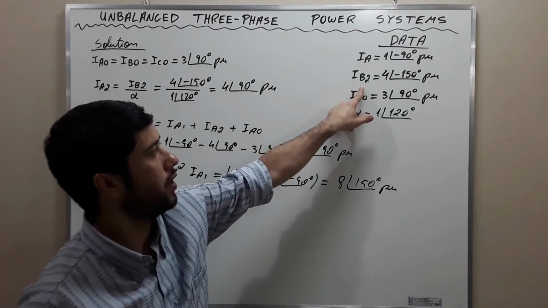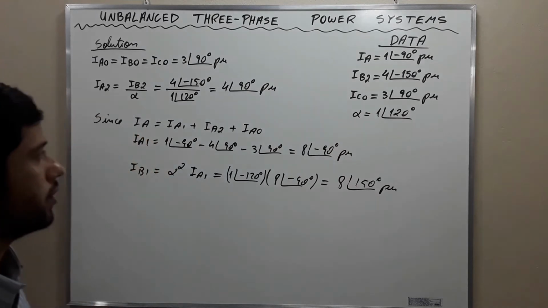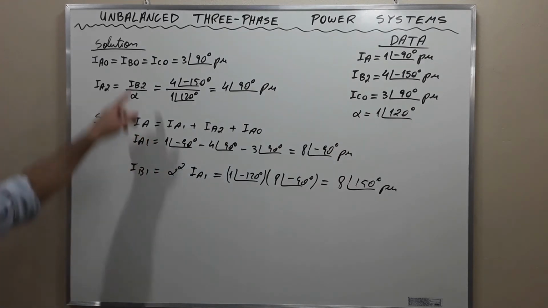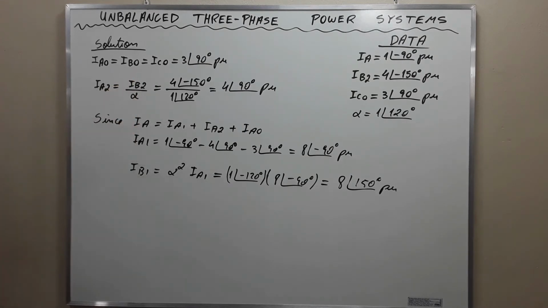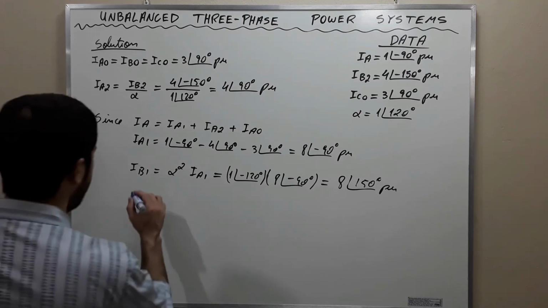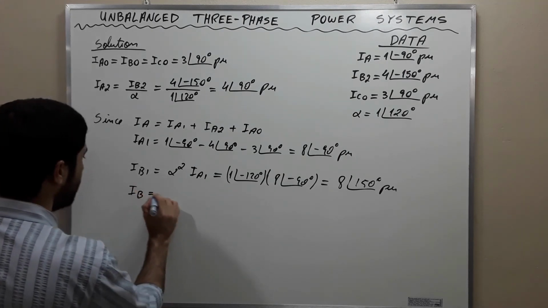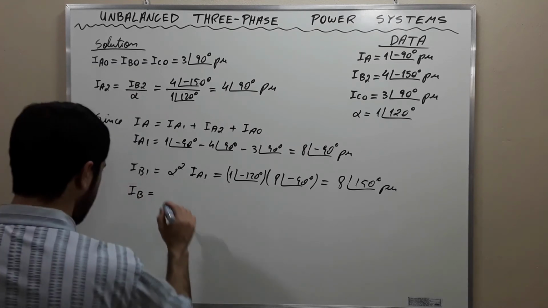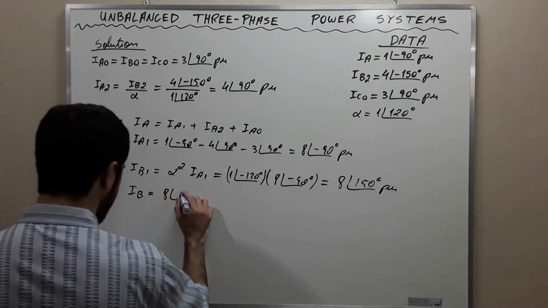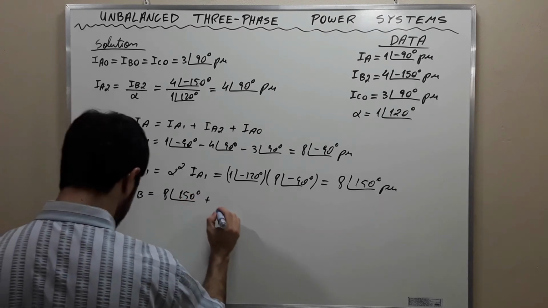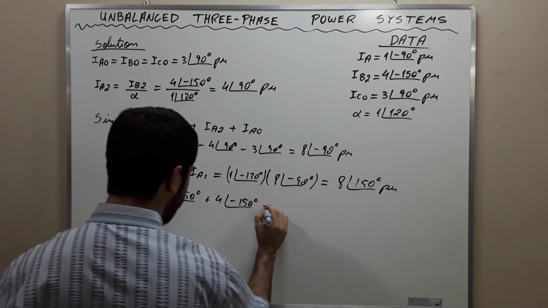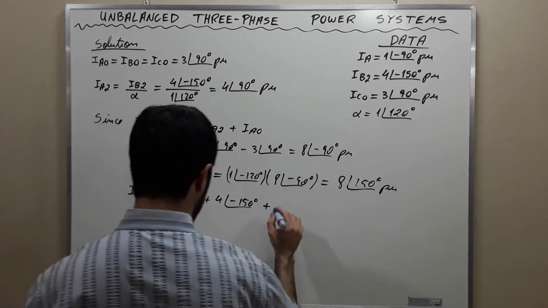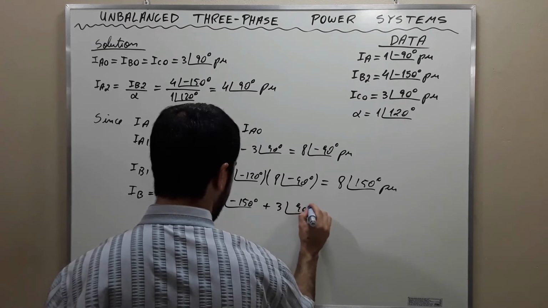We have the negative sequence current of conductor B. And we have already the zero sequence current of conductor B. We can use these values to calculate IB. IB is going to be equal to 8 phase 150 degrees plus 4 phase minus 150 degrees plus 3 phase 90 degrees.